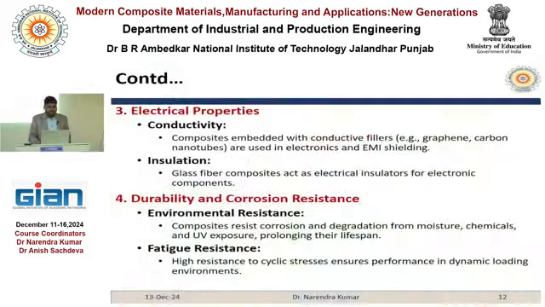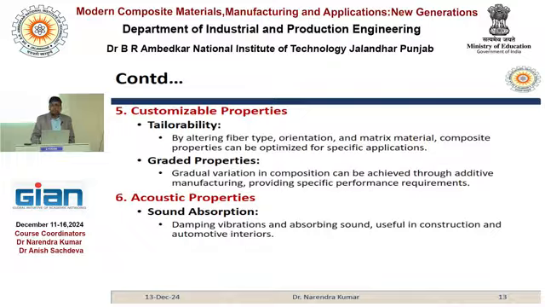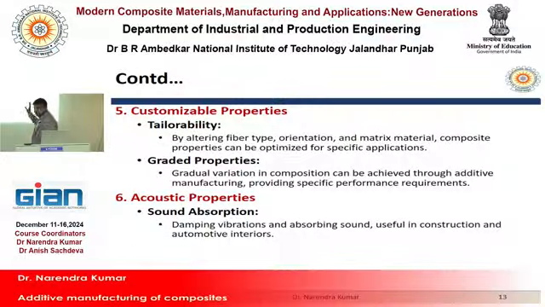Customized properties, nowadays graded properties are also there, gradual variation you can achieve. This is I think one of the hot topics, one of the things that can be done through 3D printing only. Gradual variation, layer by layer variation we can provide through 3D printing only.